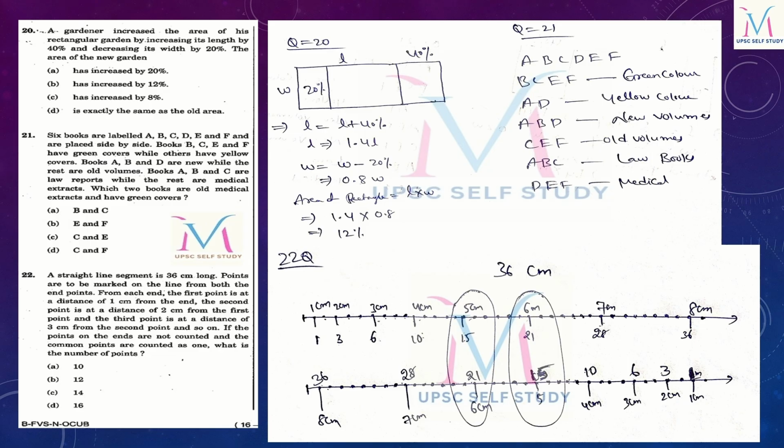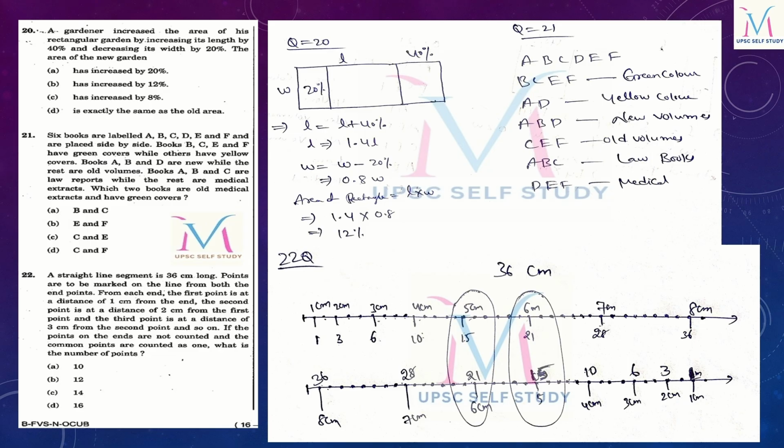And the third point is at a distance of 3 centimeters from the second point, which is 6. The third point is at 6 centimeters, which is 3 centimeters from the second point, and so on. The fourth point will be at 10 centimeters, which is 4 centimeters from the third point.